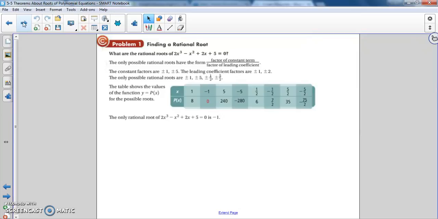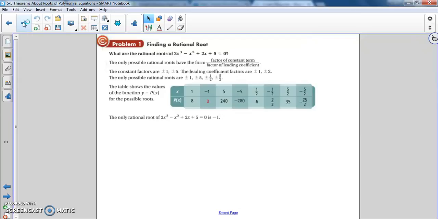So the only possible rational roots are 1 over 1, which is 1, 5 over 1, which is 5, 1 over 2, which is 1/2, and 5 over 2, which is 5 halves, and positive and negative for all of those possible roots. Then we have the table that shows the values of the function y equals p of x for the possible roots.